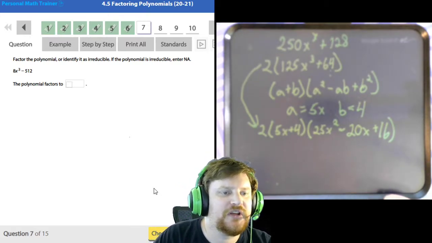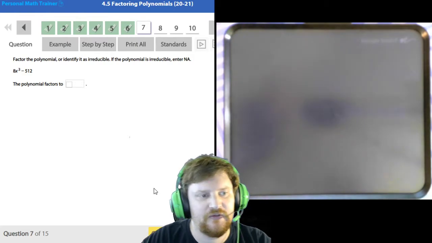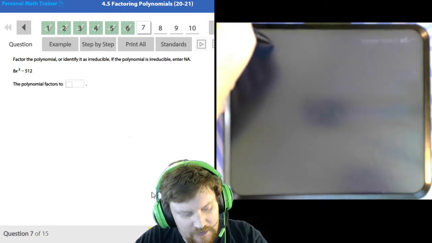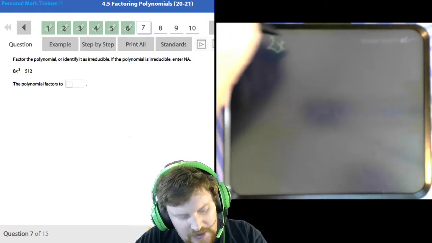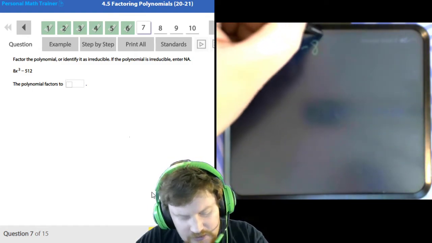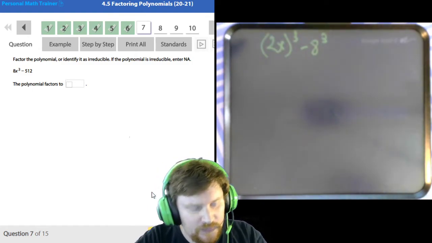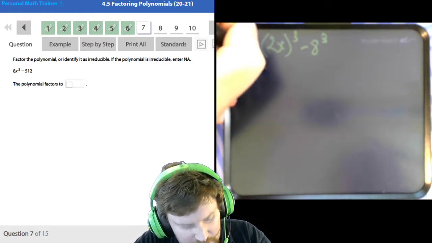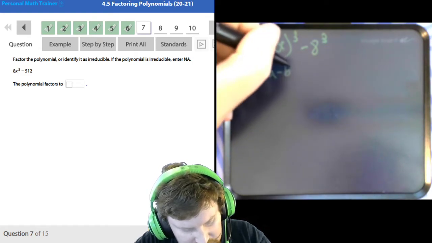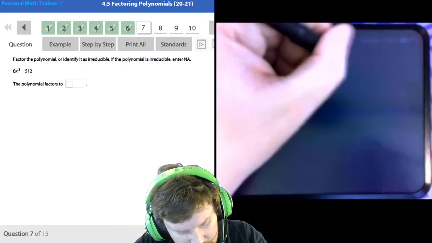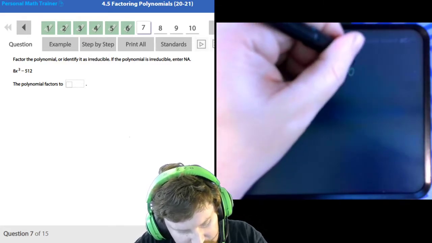Factor the polynomial or identify it as irreducible. Well, we did 512 earlier, and we decided that 512 was actually 8 cubed, and 8 is 2 cubed, so we have (2x) cubed minus 8 cubed. So that tells us that we have a minus b, a squared plus ab plus b squared.